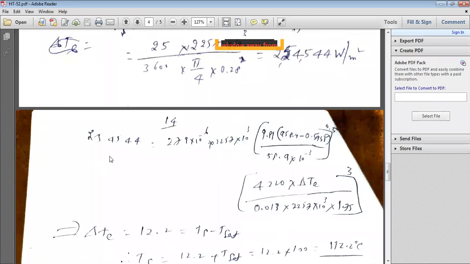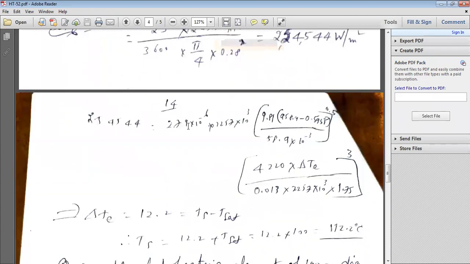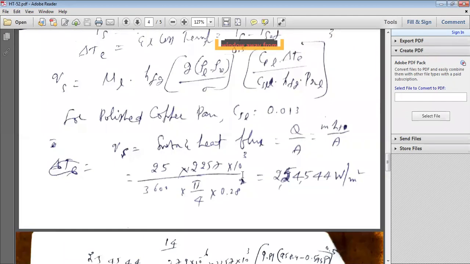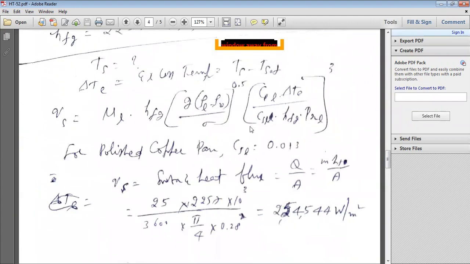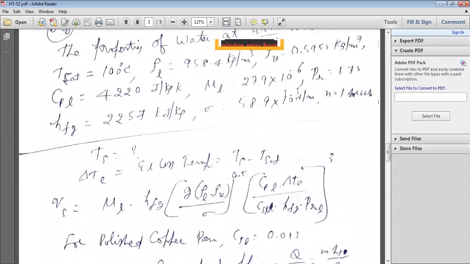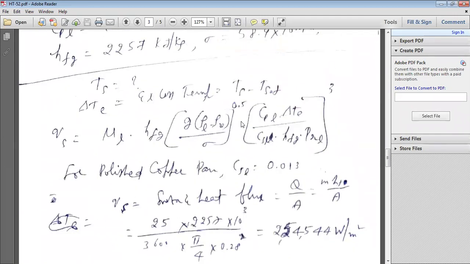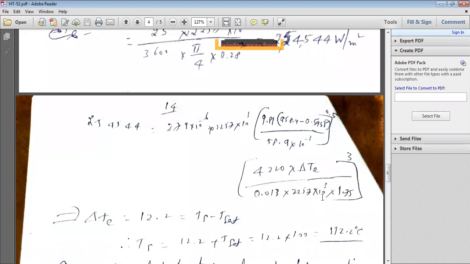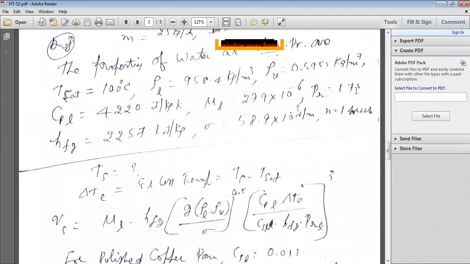So 254,544 is equal to mu L, that is 279 times 10 power minus 6, times hfg, again 2257 times 10 cube in joules, times g 9.81, times rho L 958.4 minus rho V 0.595, the whole thing to the power, divided by Csf 0.013 times hfg 2257 times 10 cube times the Prandtl number for water, which is given as 1.75.